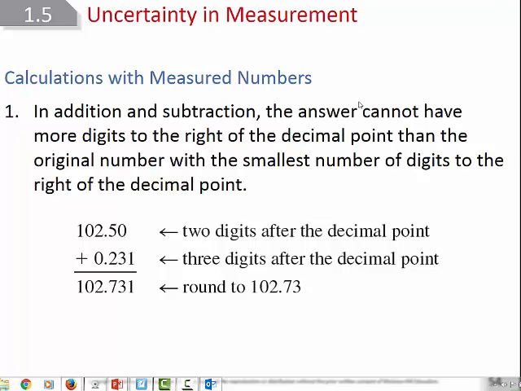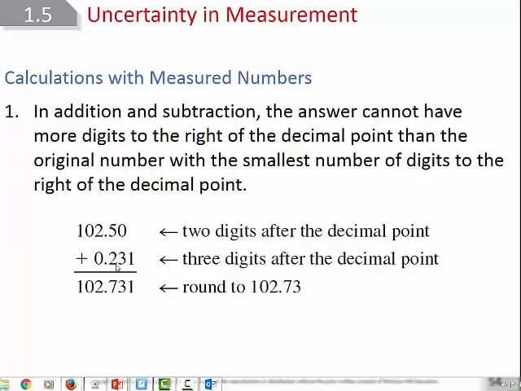So the rule is that your final answer cannot have more digits to the right of the decimal point than the original number with the smallest number of digits to the right of the decimal point. So the easiest way to do this, say for an addition or subtraction, is to line them up with the decimal place lining up and then count how many digits we have after the decimal. This first number we have 2 digits after the decimal point.